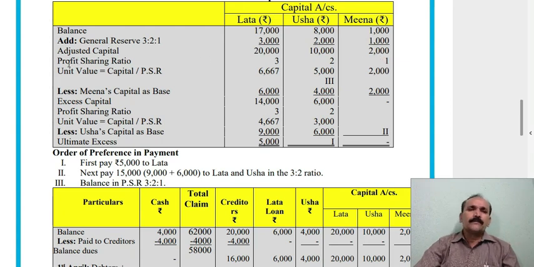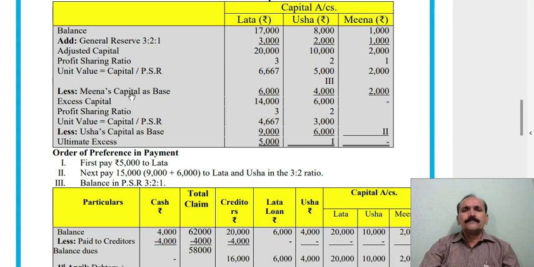Write down here the profit sharing ratio 3:2:1. Unit value of capital: 6,667 for Lata, 5,000 for Usha and 2,000 for Meena.